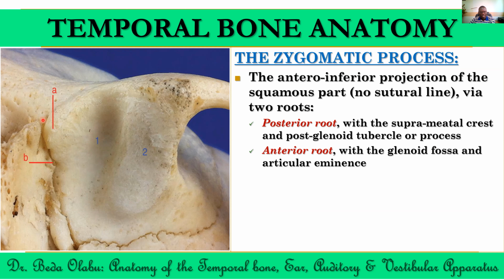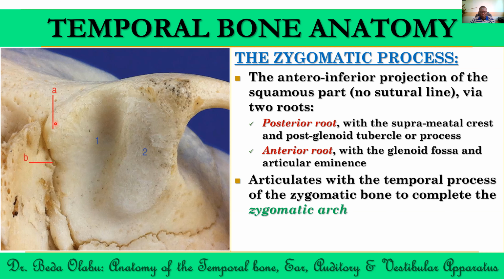And this is the postglenoid tubercle, which is part of the posterior route of the zygomatic process. The zygomatic process articulates with the temporal process of the zygomatic bone.